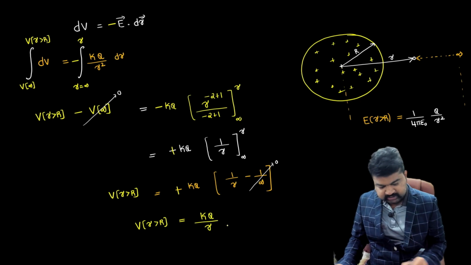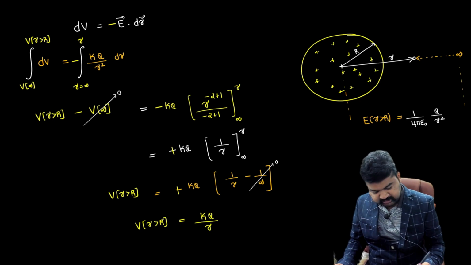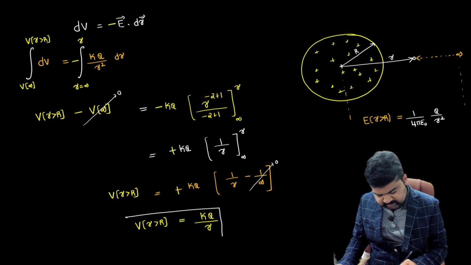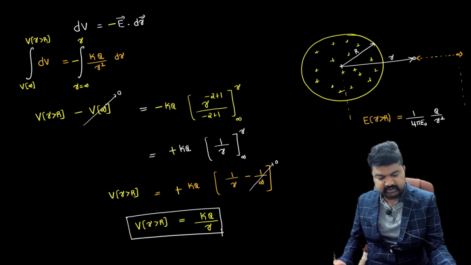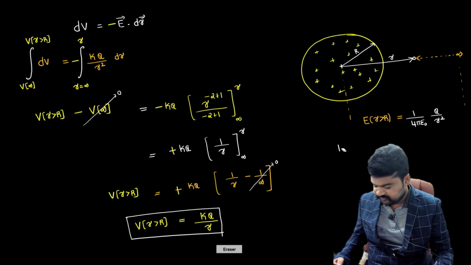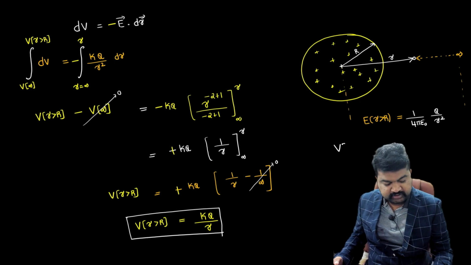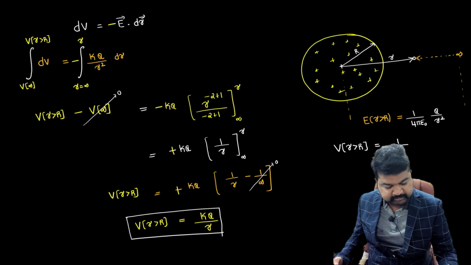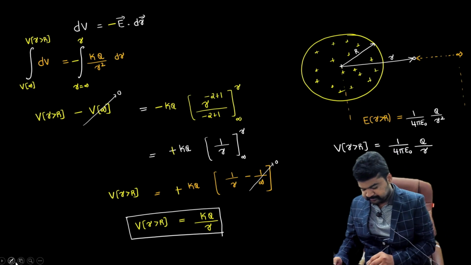KQ by R, that is nothing but, just observe, KQ by R, that is nothing but E of V of r greater than R, 1 by 4 pi epsilon naught Q by R.